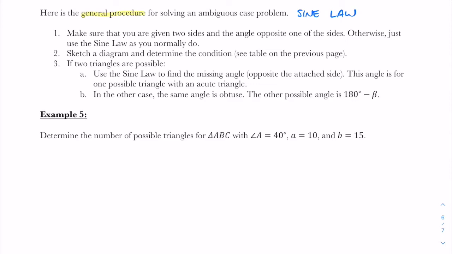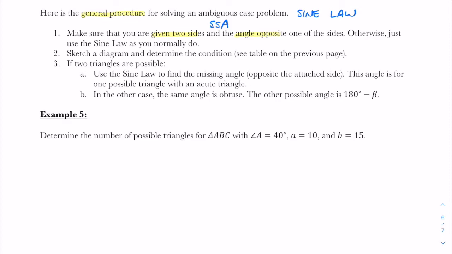Next, you have to make sure that you're given two sides and an angle opposite one of those sides. In other words, the side-side-angle scenario. If you're not given two sides and an angle, just use the sine law like you normally do. You don't even have to worry. It's just when there's a side-side-angle that you have to worry a little bit.